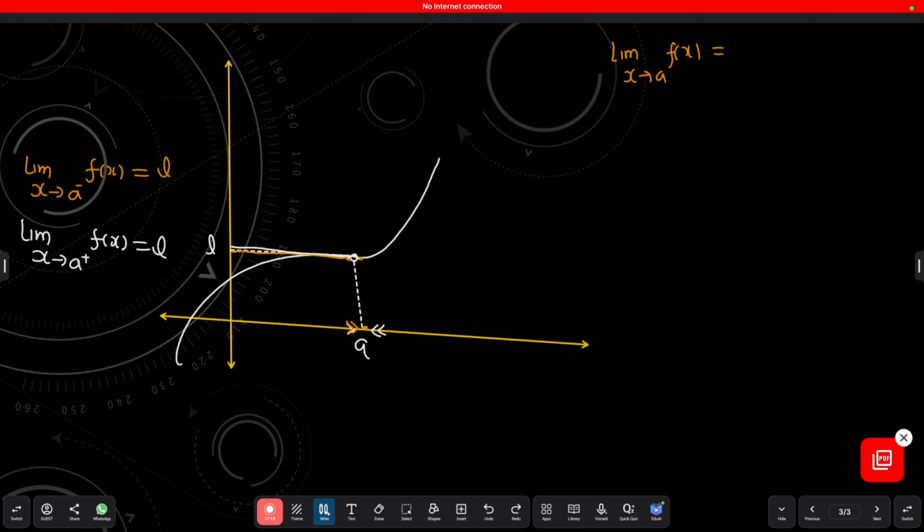It means the left hand limit and right hand limit both exist and give the answer L. We have just a small gap, only one gap here. So if you can ignore the gap, if the gap is ignorable, then we can say the limit exists.